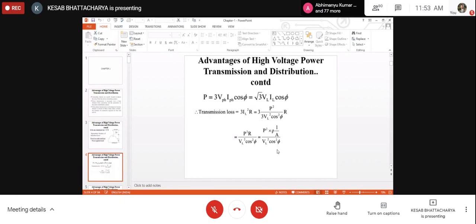That is, transmission loss is equal to P square, where P is the power, into rho into L by A, whole divided by V_L square cos square phi. I think you just have a look at this expression. I think there will be no difficulty in understanding this expression for total transmission loss. Is it okay? Yes, sir. Okay then.